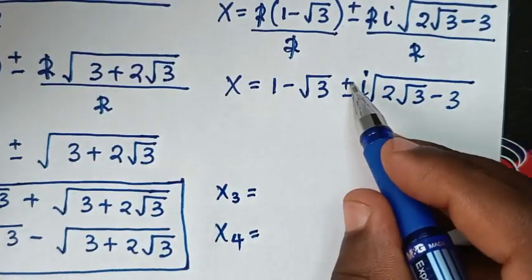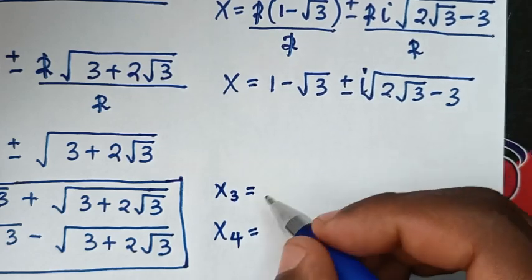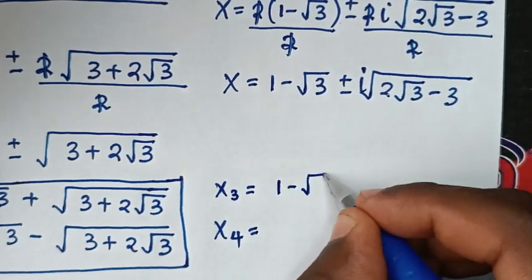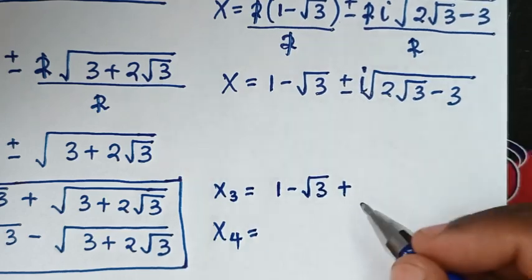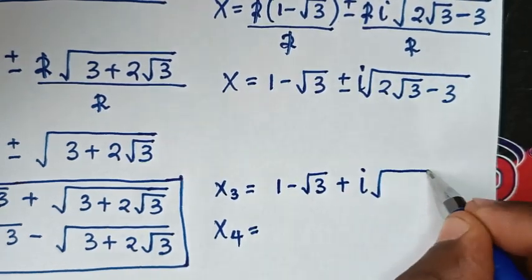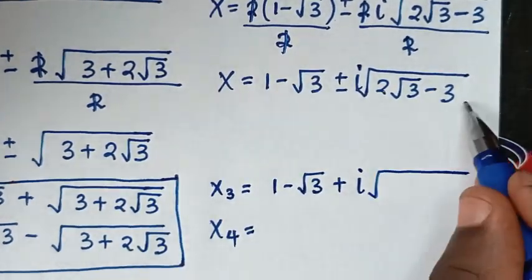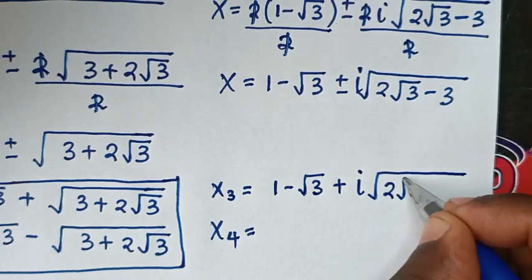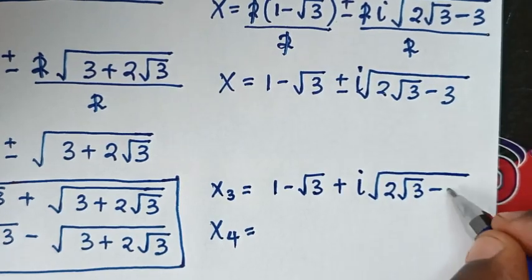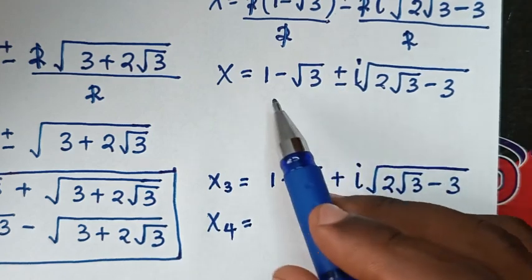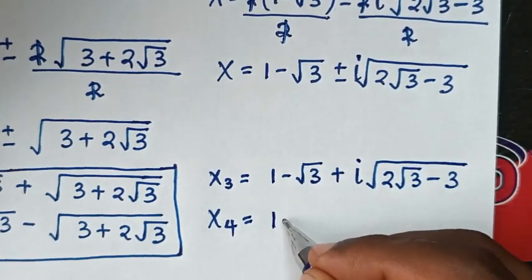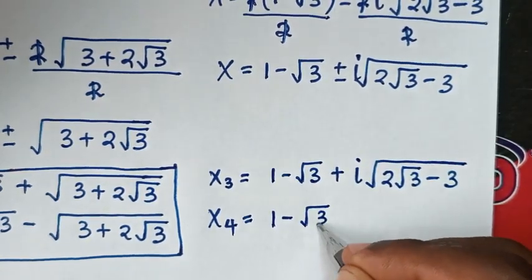So when it is positive here, it will be 1 minus square root of 3. So 1 minus square root of 3, then plus i square root of this here, 2 square root of 3 minus 3. And here when it is negative, it will be 1 minus square root of 3.